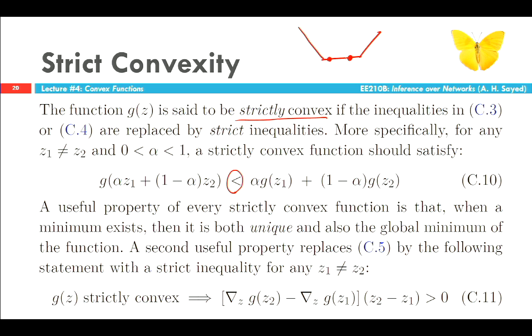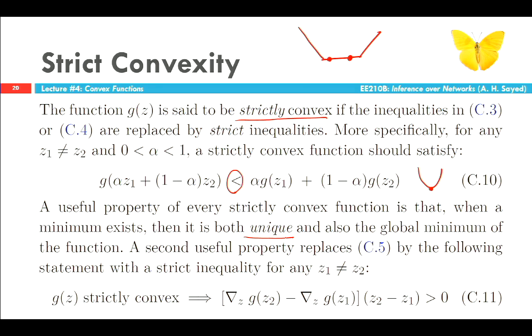For strictly convex functions, the global minimum will be unique. That's a very important property. That's why we are interested in strict convexity, because if you are seeking a minimum, you are looking for something that's uniquely defined and you hopefully can converge towards that point. Very good. So the minimum will be unique.